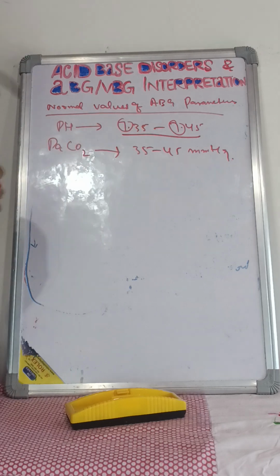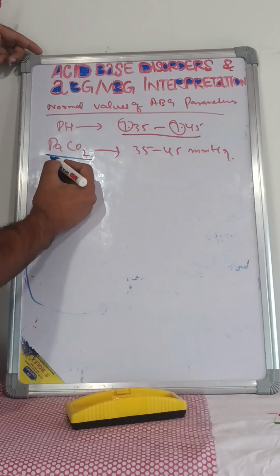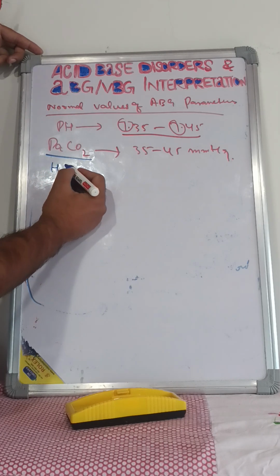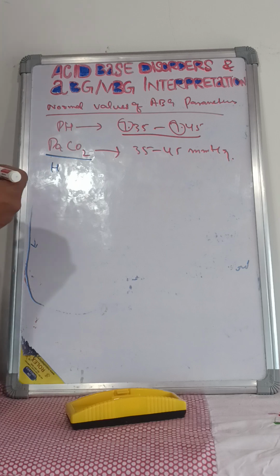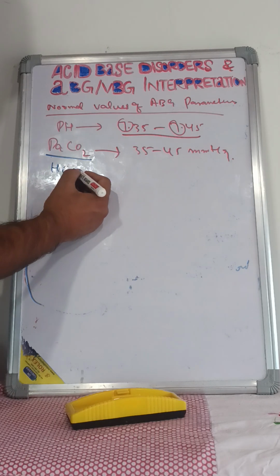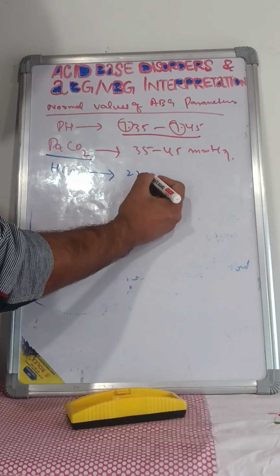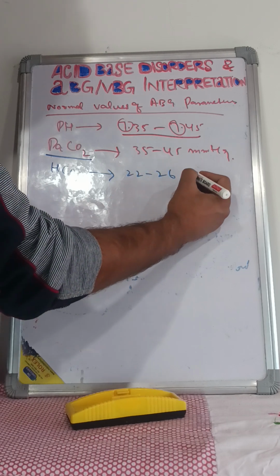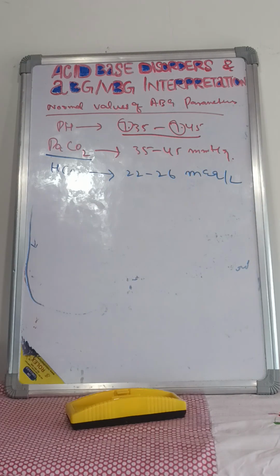Simply eliminate 7 point from pH and you will get the normal PaCO2. Now, normal level of bicarbonate, HCO3, is 22 to 26 milliequivalents per liter.